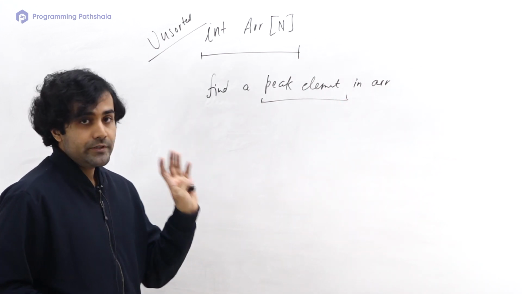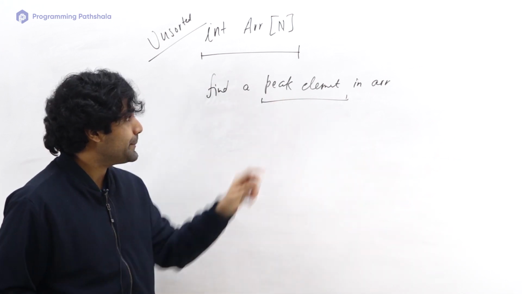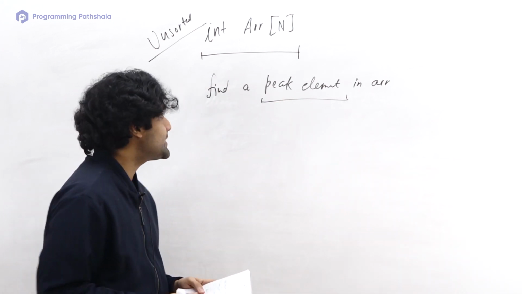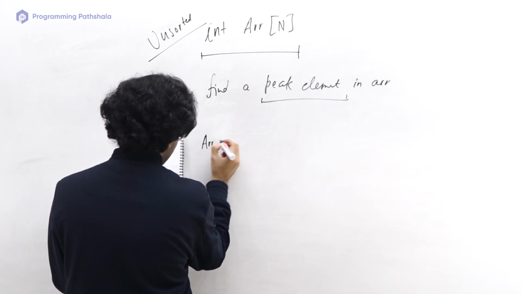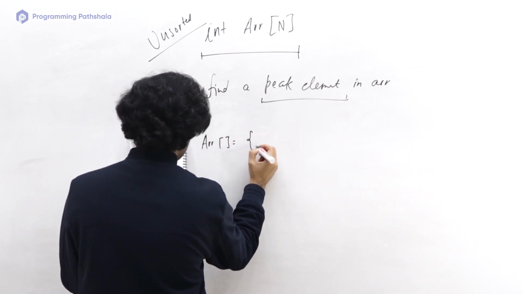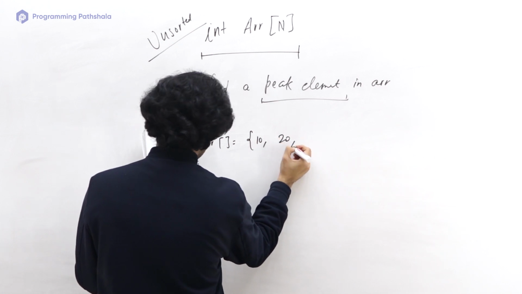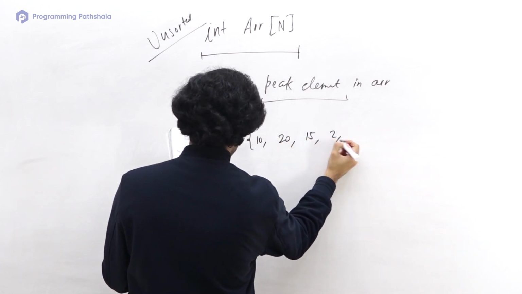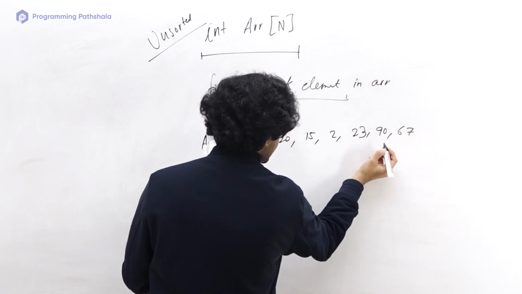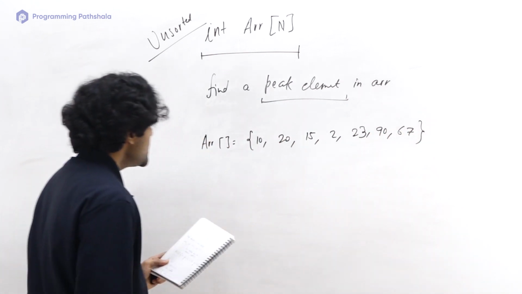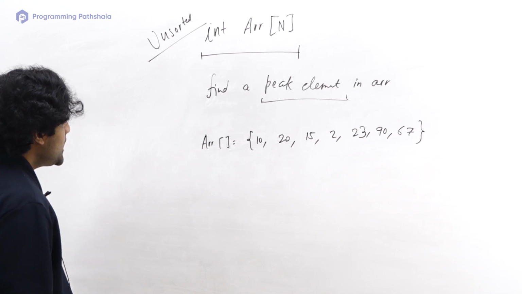Now, we should all first understand what I mean by peak element. So for that, let's take an example. Let's say I have an array that contains 10, 20, 15, 2, 23, 90 and 67. So what is a peak element?